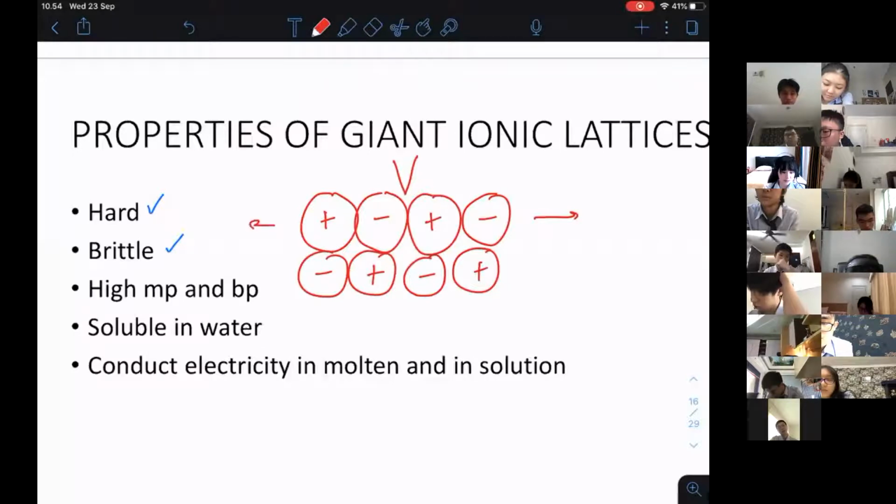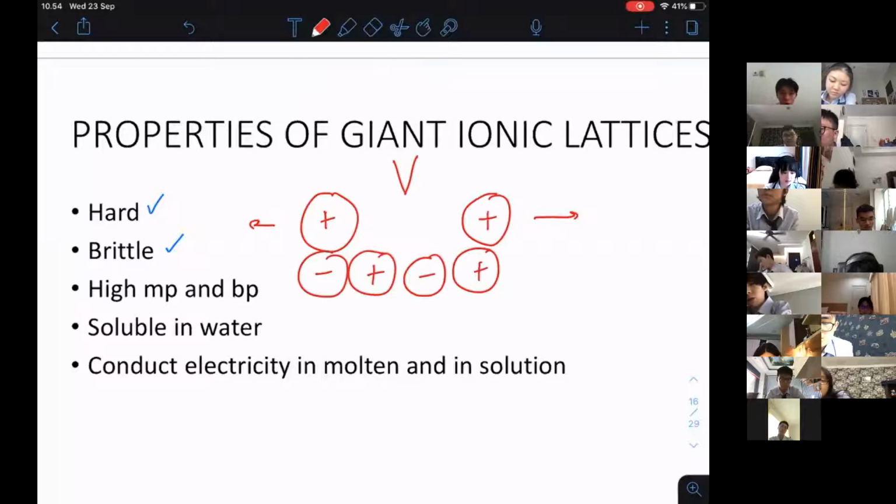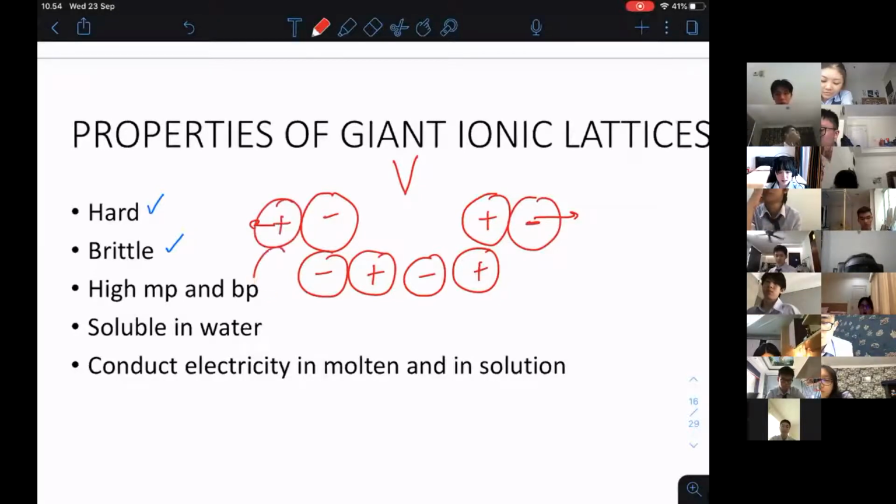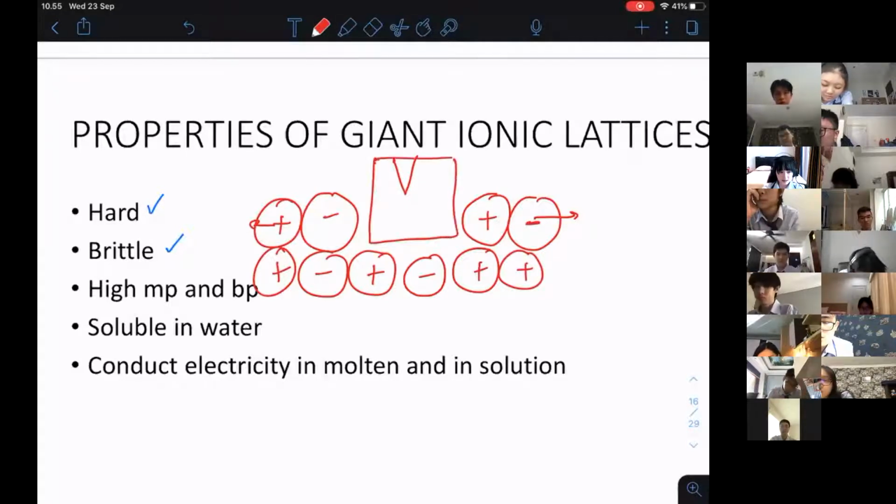When they move, this one will become positive and this one will become negative. So what happens when there is a force of impact?